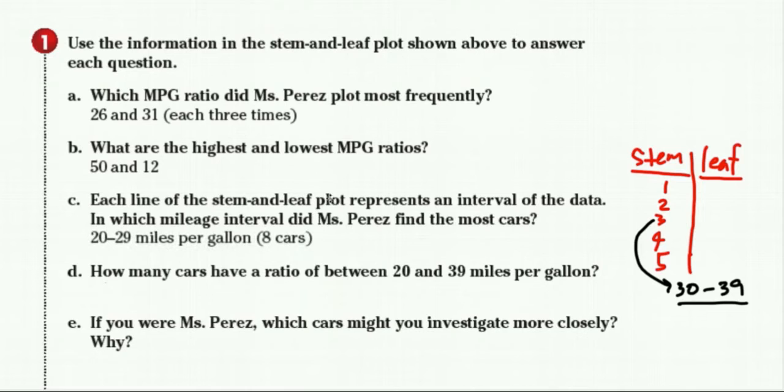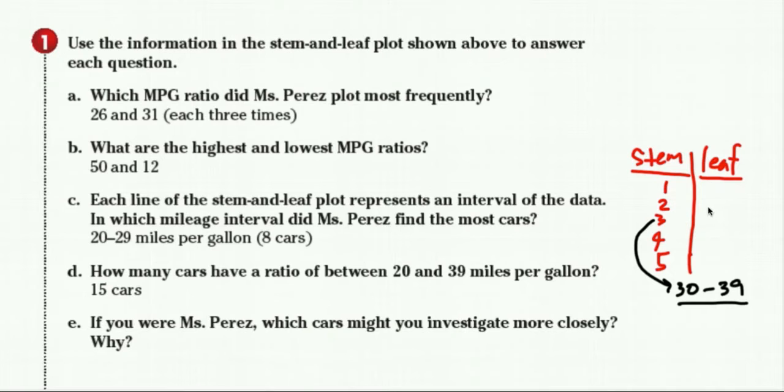That's the answer. How many cars have a rating between 20 to 29 miles per gallon? Going back to that stem and leaf plot, you will find out that there are 15 of those cars. 20 to 29 miles per gallon means it's going to cover 2 intervals, 20 to 29 and 30 to 39.